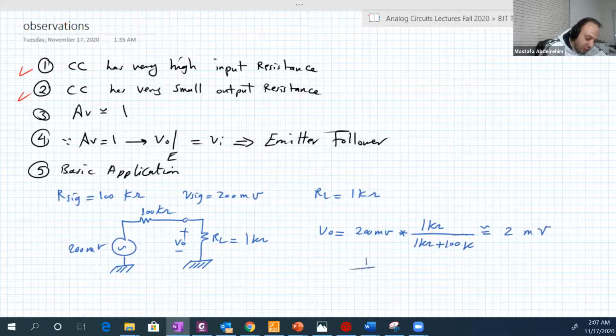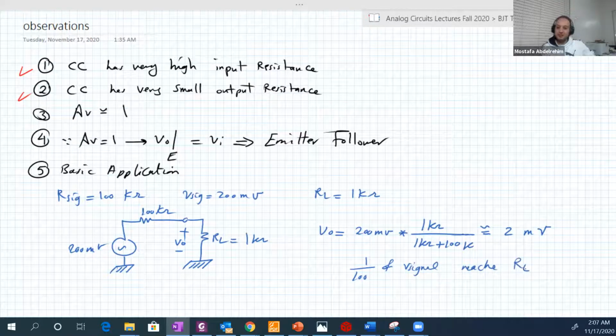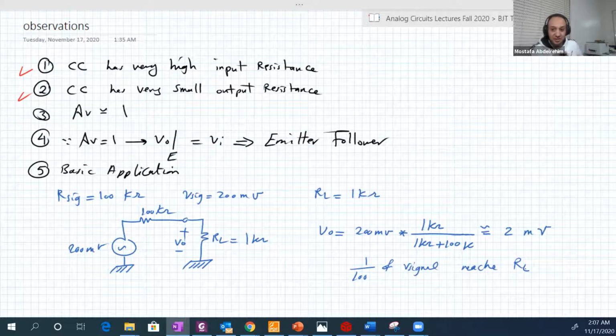So 1 over 100 of the signal reaches our load. That's really disastrous, we can say. That's really bad. So how can the common collector solve this problem for us?